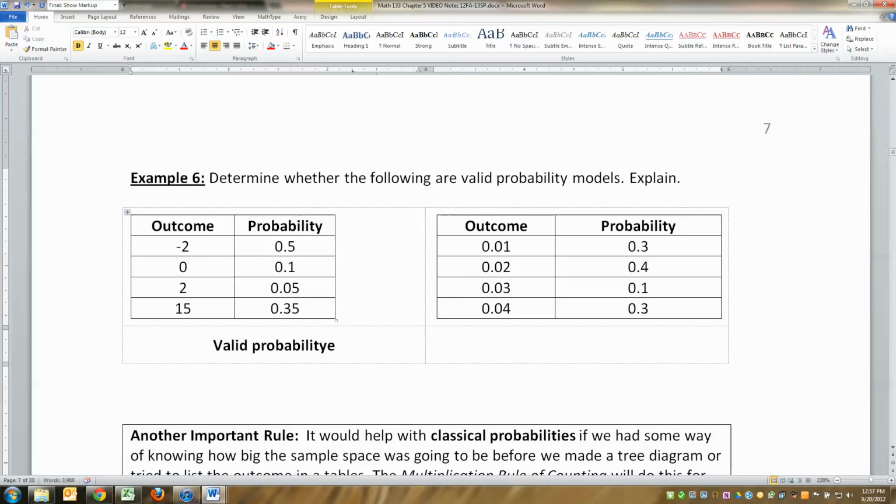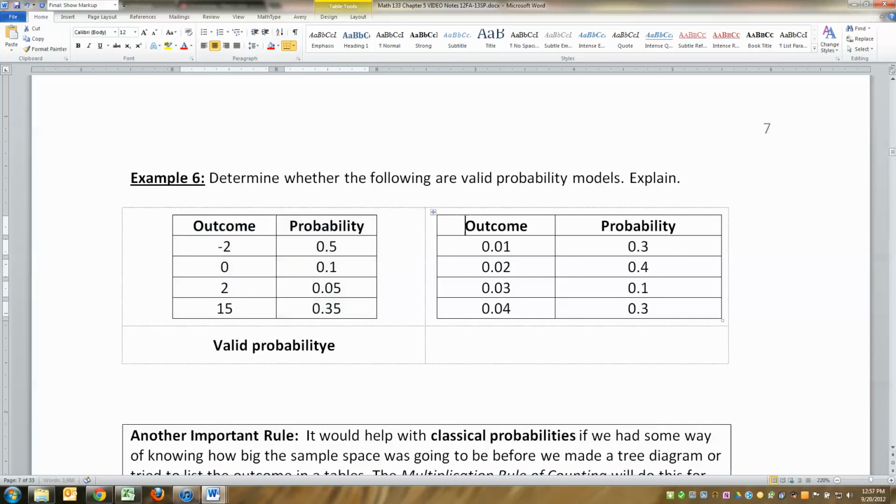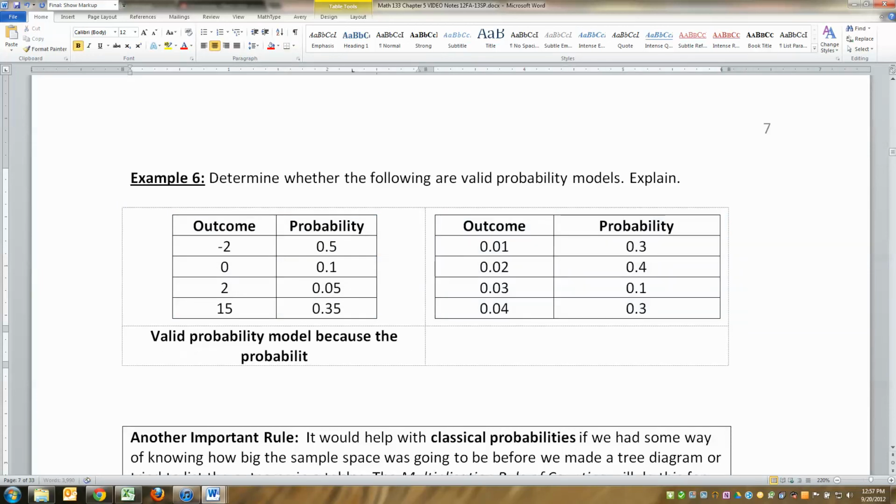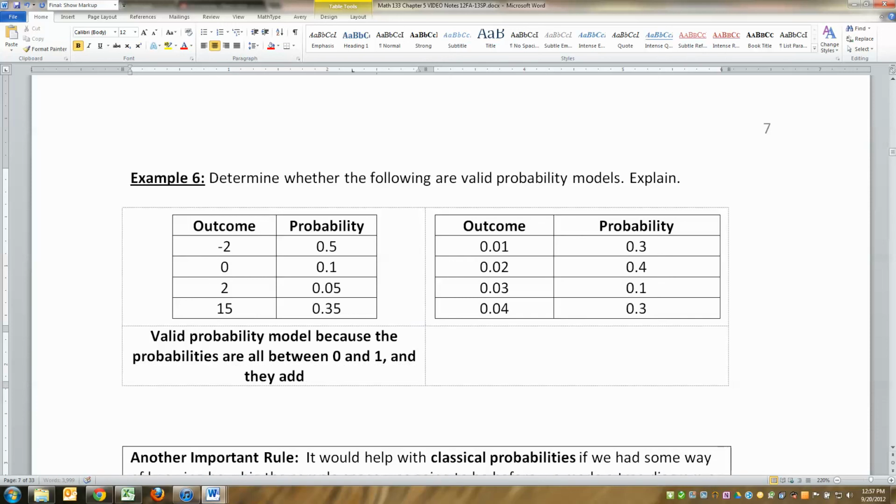Probability model, because the probabilities are all between 0 and 1, and they add up to 100% total. Okay? This one is not a valid probability model.